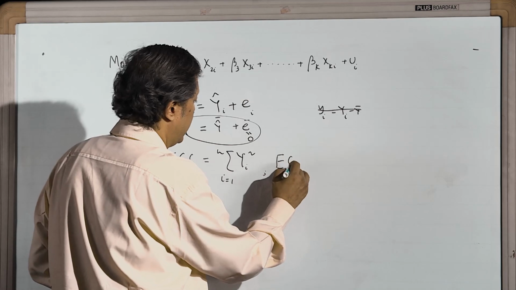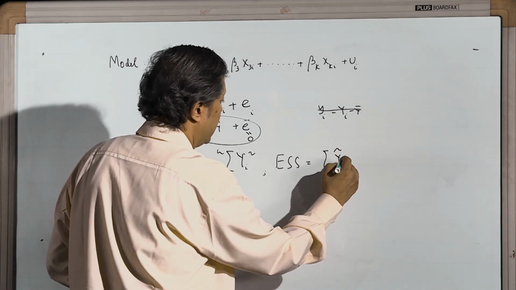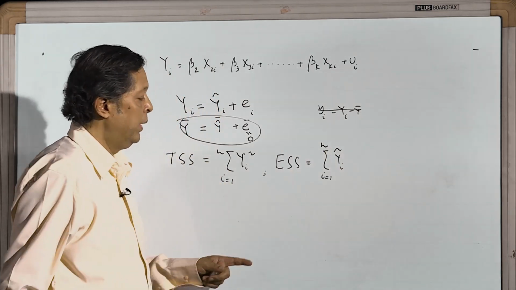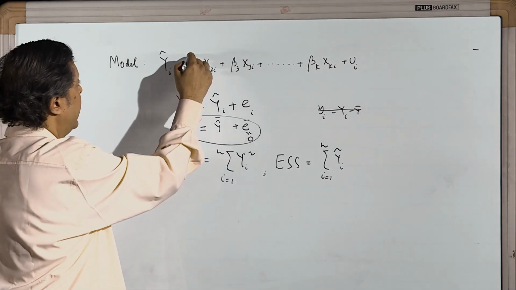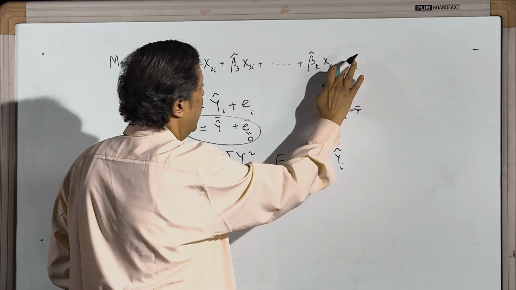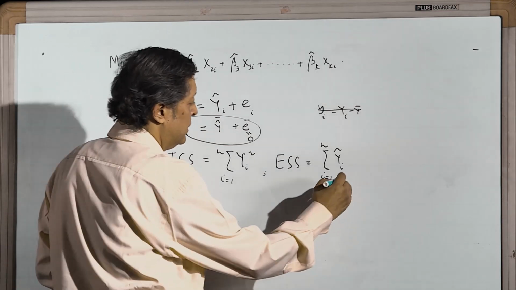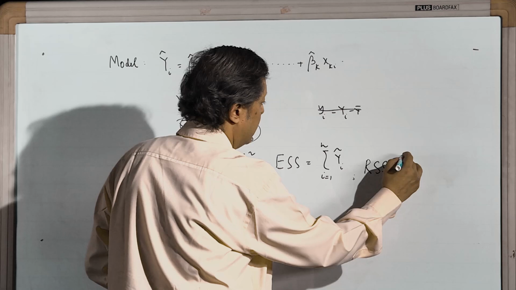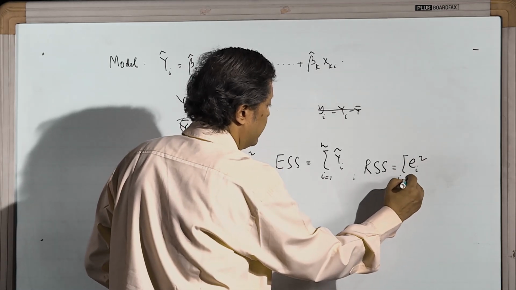Explained sum of squares is now given as summation y hat_i squared, i going from 1 to n, where y hat is what we obtain when we replace the parameters with their estimates and omit the random disturbance term, and residual sum of squares is given as summation e_i squared, i running from 1 to n.